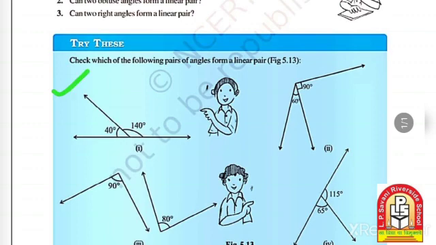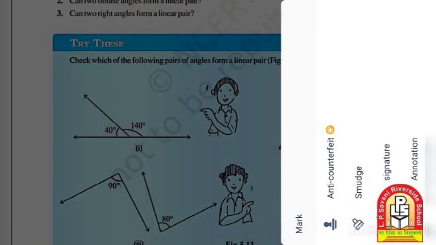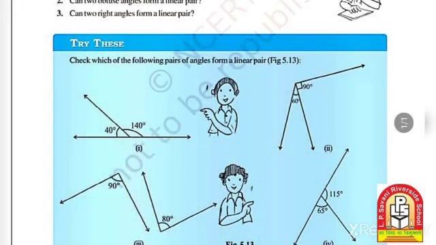Check which of the following pairs of angles form a linear pair. Here you can see that these two angles make a linear pair because the sum of these two angles is 180. 140 plus 40 is 180, and the non-common sides make one line.